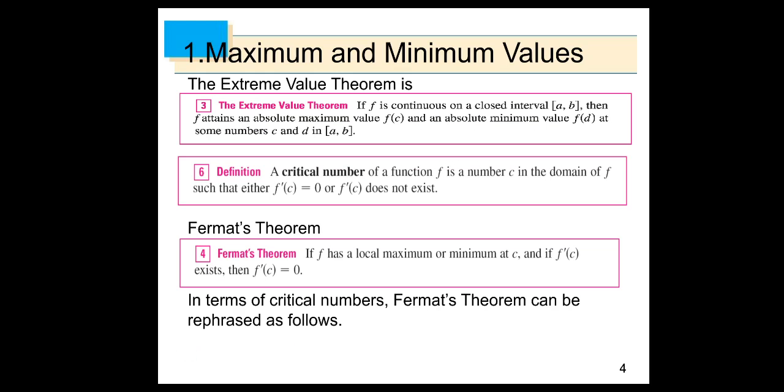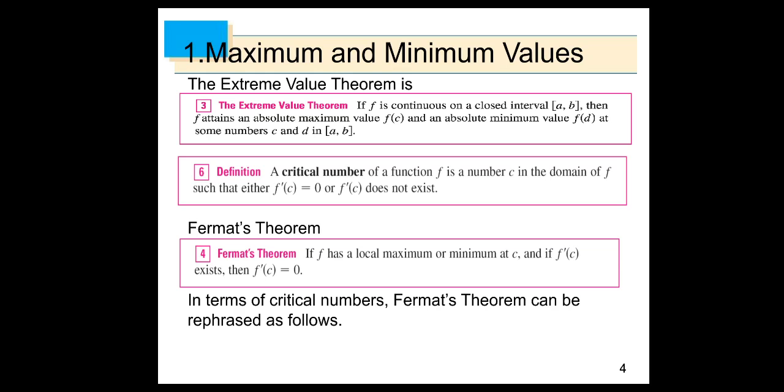Okay, now there's another concept which follows these maximum and minimum values, and that is the extreme value theorem. In this theorem we say that if a function is continuous on the closed interval [a, b], right? Remember, two things are involved in this extreme value theorem. First one is it has to be continuous on the closed interval.